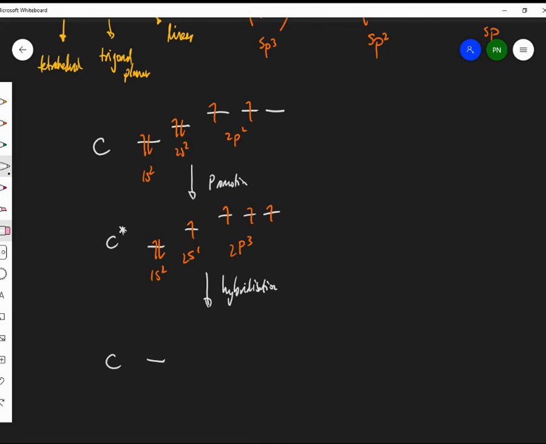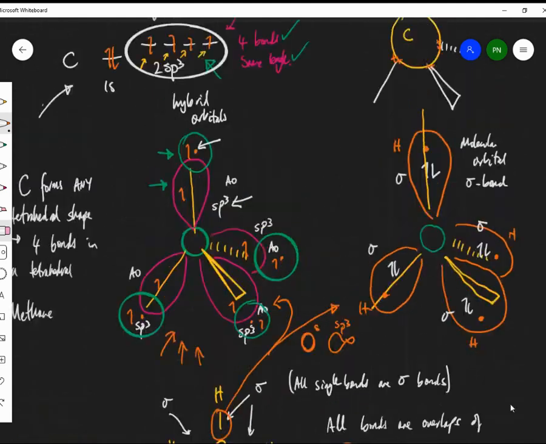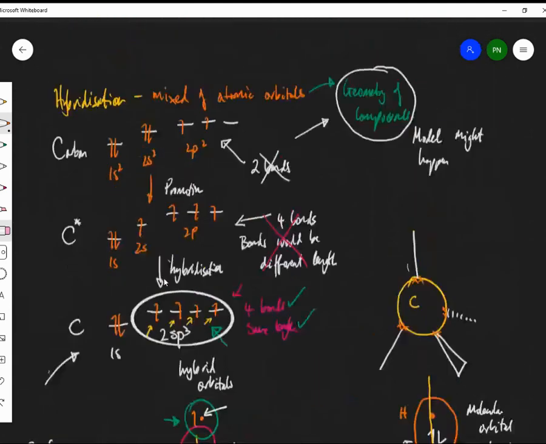Now, when we first did it, how many P's did the S mix with when we did methane? Here we go. Look at this.